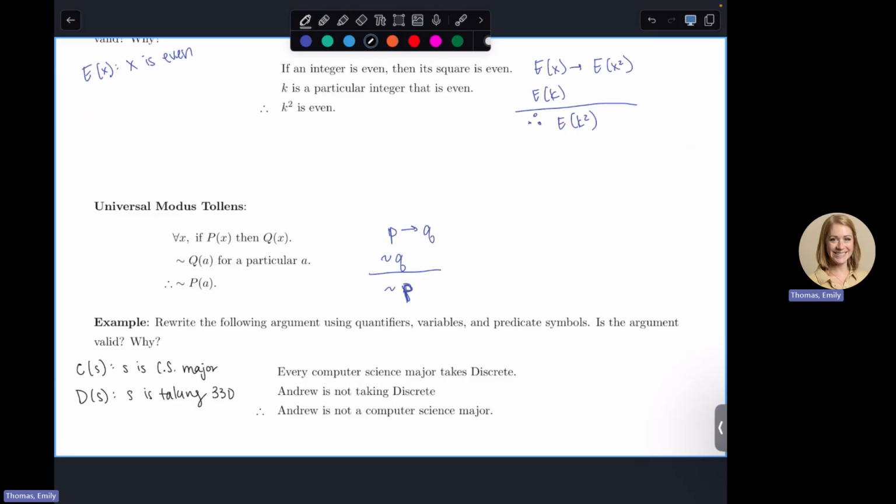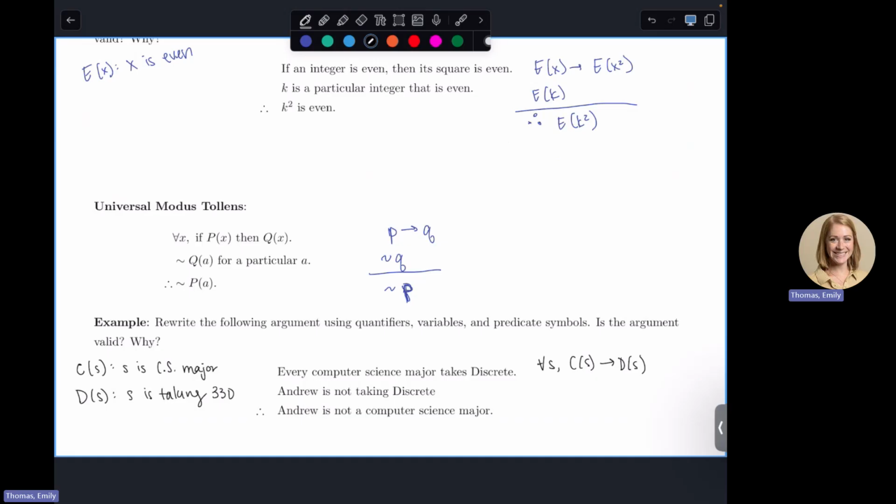Okay, so symbolically this argument is that for all students, if that student is a computer science major, then that student will take discrete. Everybody with me on premise 1 of that argument? For all computer science majors, they're going to take discrete. For all students, if they're computer science, they have to take discrete.